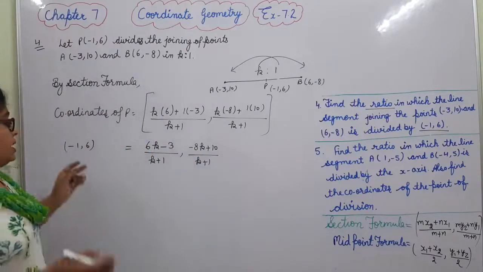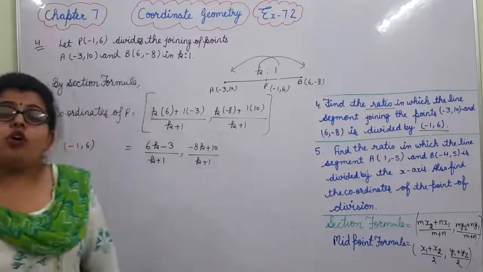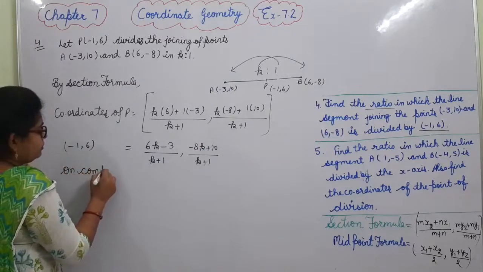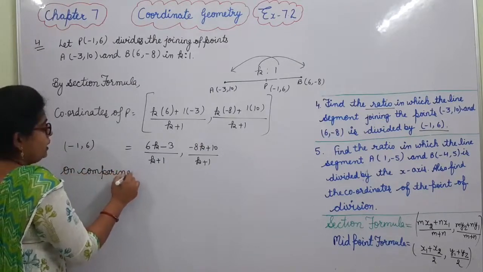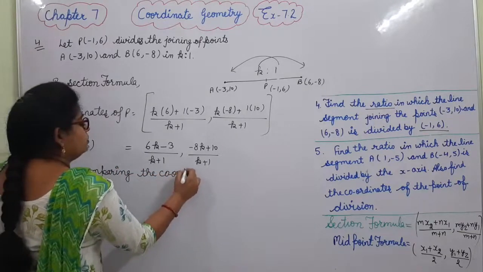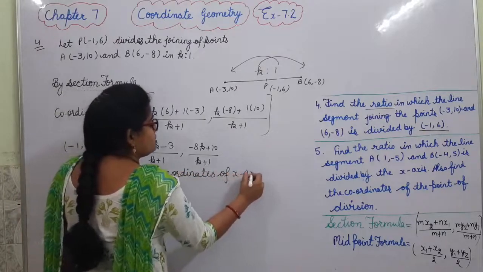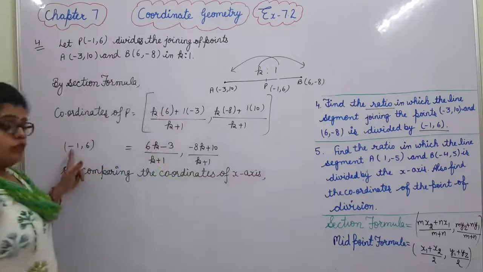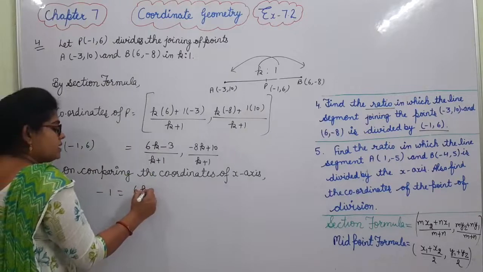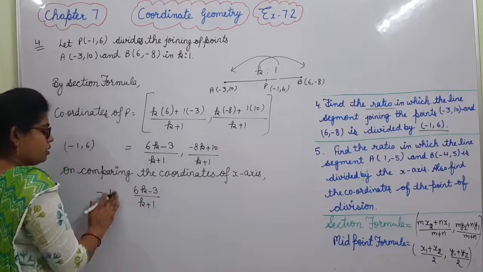Either we compare the x coordinates or the y coordinates. Let us compare the coordinates of the x axis. The first value is for the x axis, so from here -1 will equal (6k - 3) divided by (k + 1).